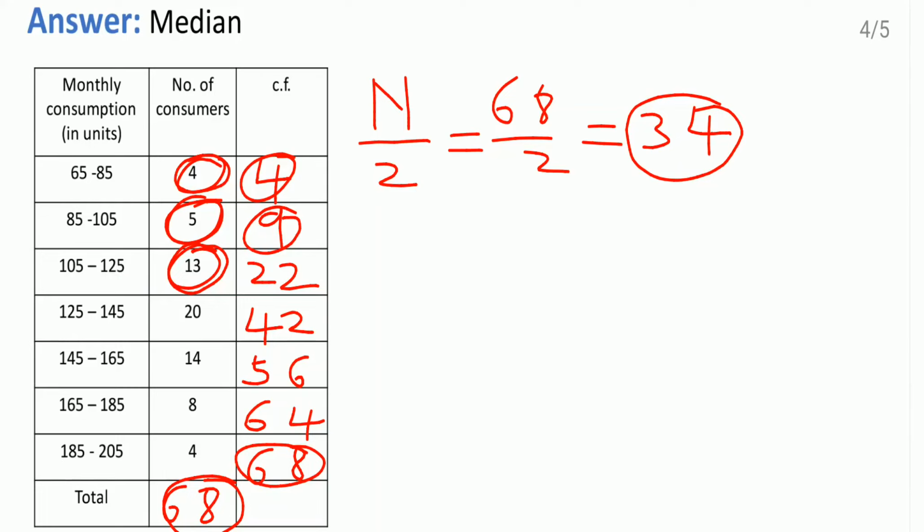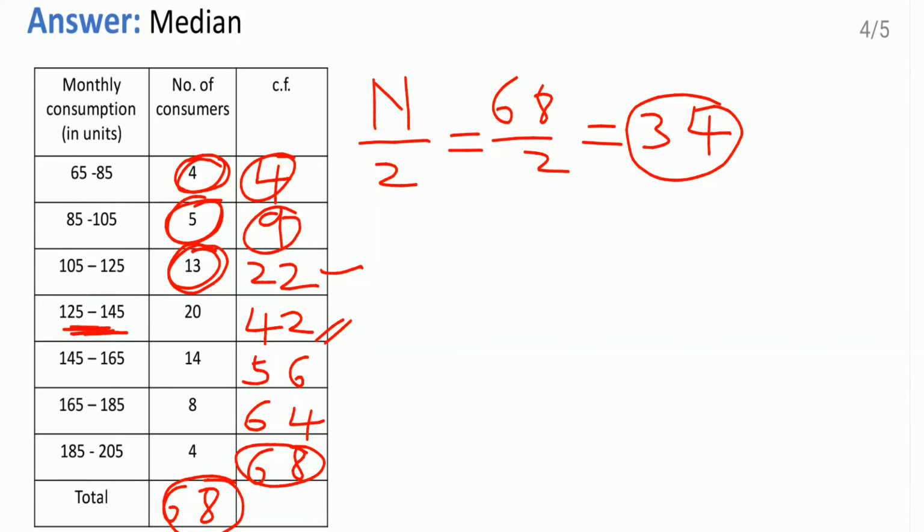I want to find out in which class interval the 34th consumer will be, right? So till this one, 22 consumers got over. The 23rd consumer will be somewhere here. The 24th consumer will also be in that group only, right? So in this way, the 34th consumer will also be here. Why? Because till 42 the consumers are below 145. Okay, so from 23 till 42, all these consumers will be inside this class interval.